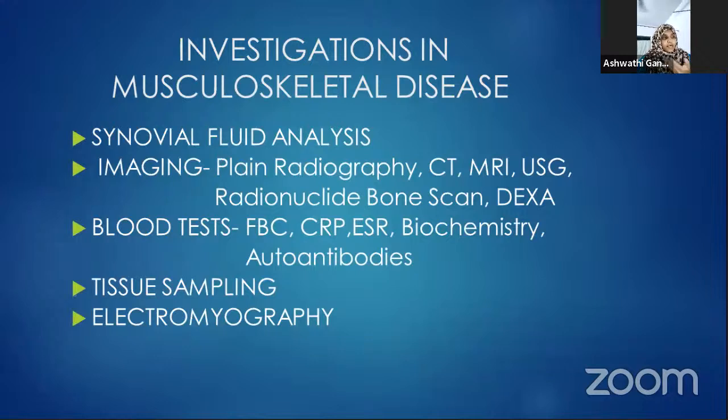Sepsis, if we are suspecting sepsis, we have to analyze synovial fluid with a gram stain, culture, antigen test, and all. Then a plain X-ray in our general practice can give a lot of information. In osteoarthritis, we can see joint space narrowing, osteophytes, osteosclerosis, and in rheumatoid arthritis and all, we can look for joint erosion.